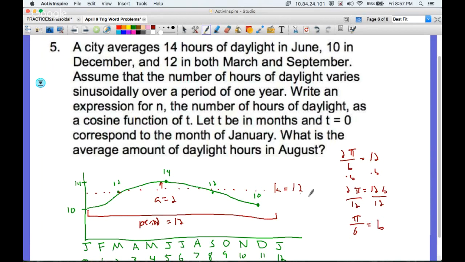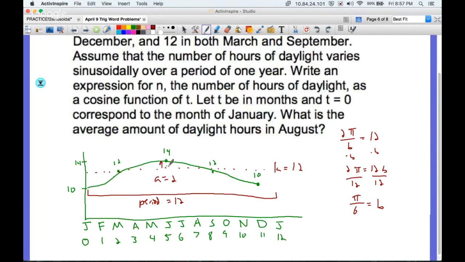What else are we missing? We're still missing h. So I'll use a cosine graph, which normally has its maximum at 0. And now I'm going to just shift that maximum over here to June. That is 1, 2, 3, 4, 5. So my h value is going to be equal to 5. I'm shifting my peak 5 units to the right.